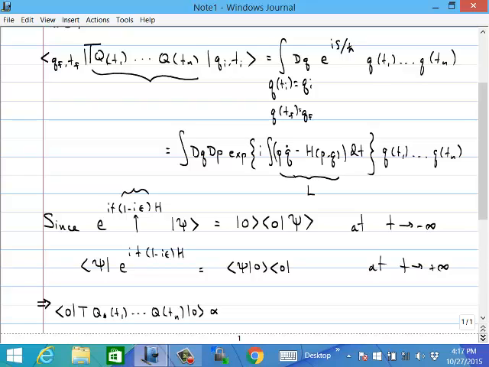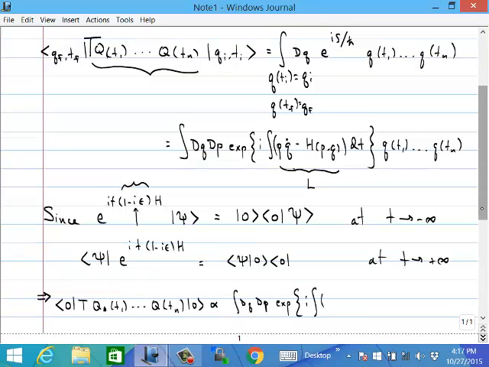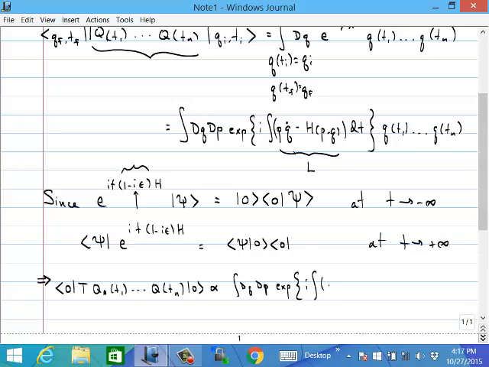Because all you need to do is modify this path integral so that instead of performing an integral dt, you just do this slight change of variables where you replace t with t times 1 minus i epsilon.